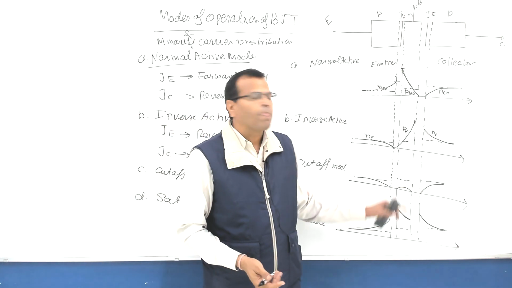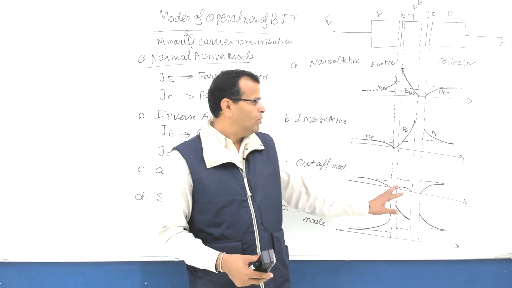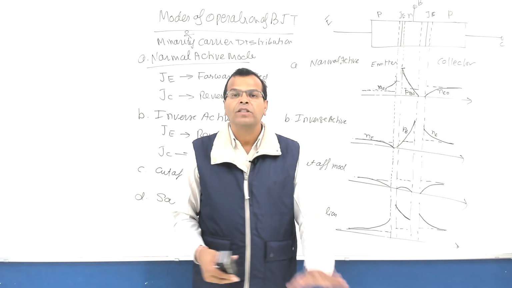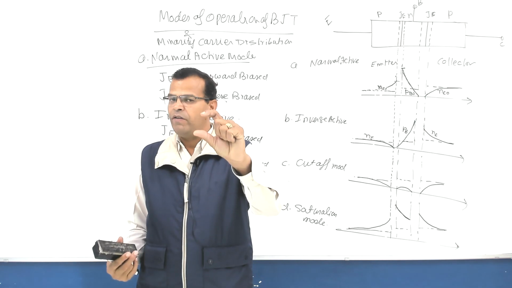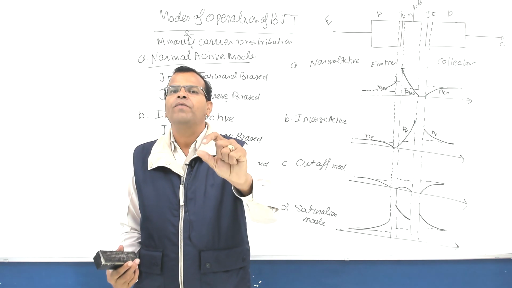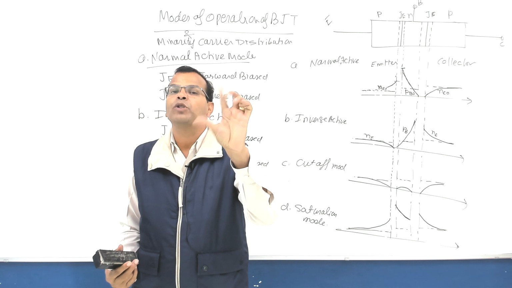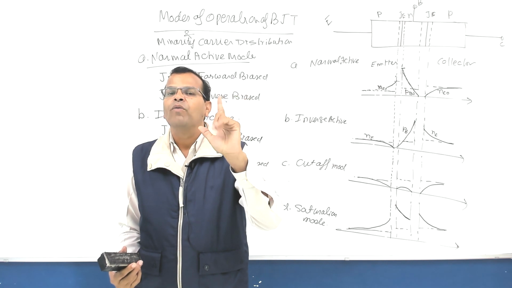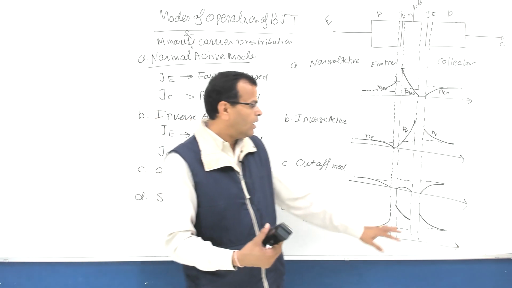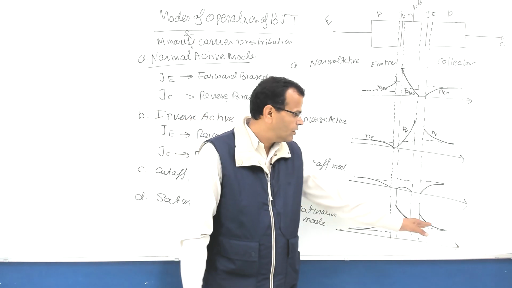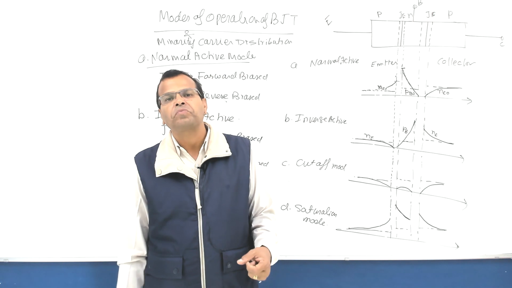Third mode is cutoff mode, where both emitter and collector junctions are reverse biased. When both junctions are reverse biased, the current through the device is negligible. Therefore, BJT behaves like an open switch. In which mode? In cutoff mode of operation. Fourth is saturation mode. You can see the current through all the layers is maximum.